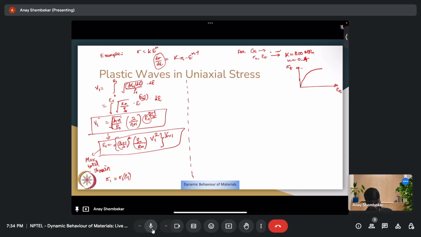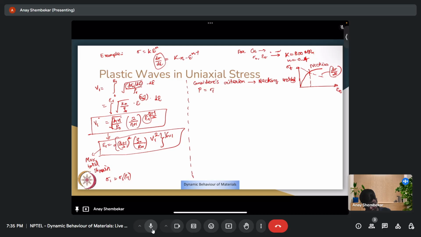And if I take the first derivative of sigma with respect to epsilon, the point where it intersects is the necking point, and we obtain this using Considere's criterion. So Considere's criterion is used to evaluate the necking instability, and it's very simply done.